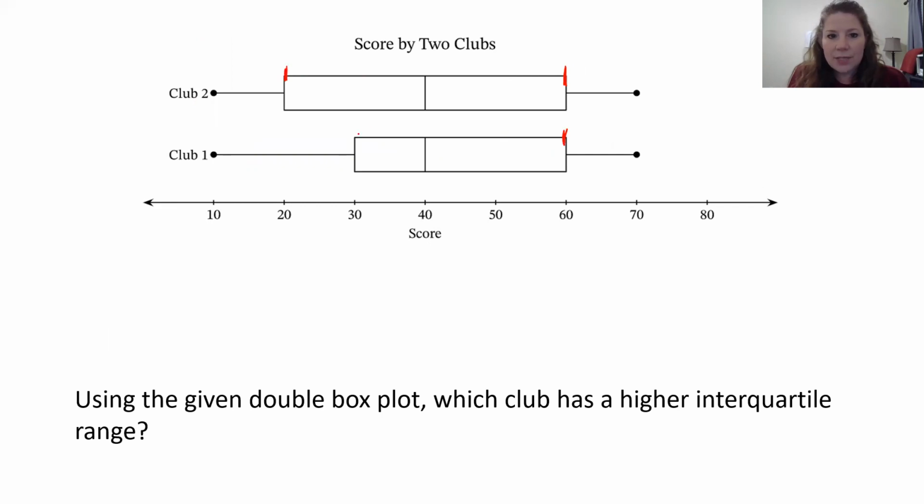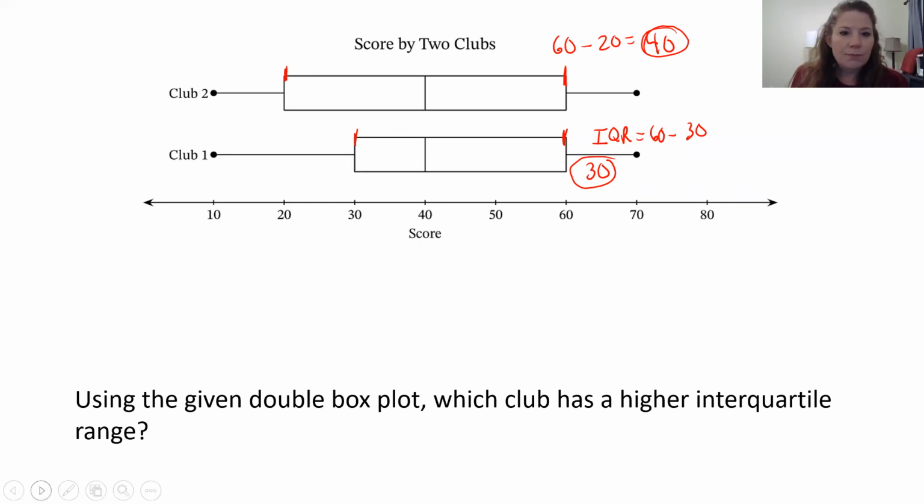So for club 1, the interquartile range is 60 minus 30. So they had a 30 interquartile range. For club 2, they had 60 minus 20. So they had the bigger interquartile range. Which club had the higher interquartile range? It was club 2.